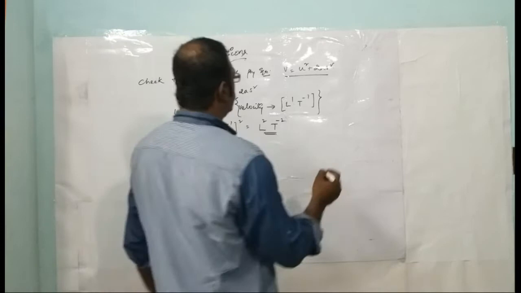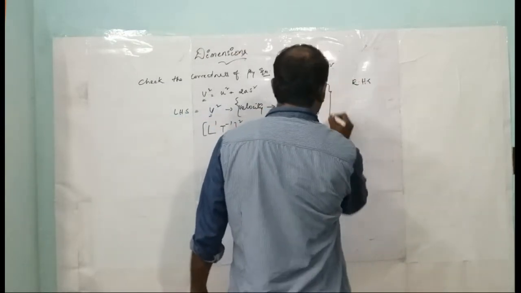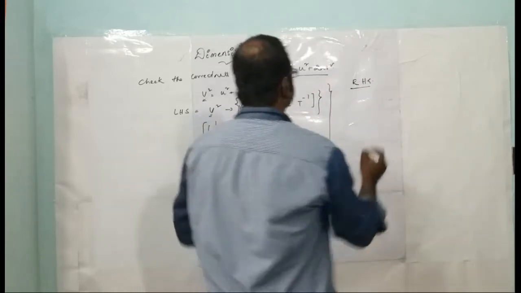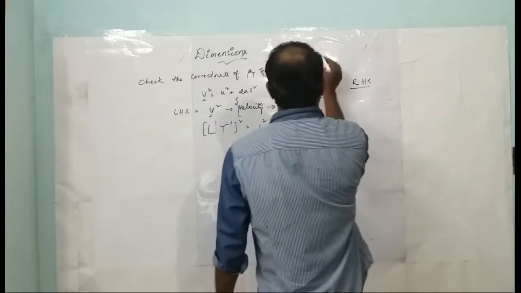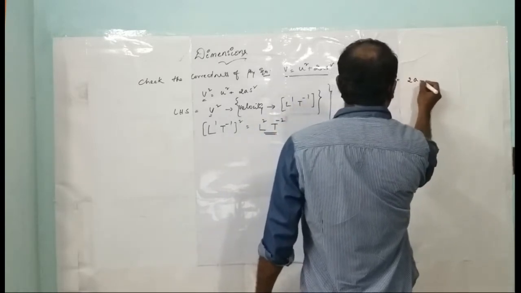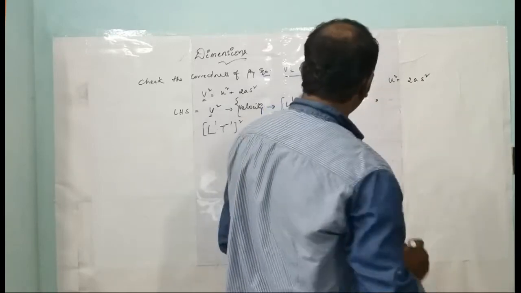Now coming to the right hand side. What are the given things here? It is u squared plus 2as squared.